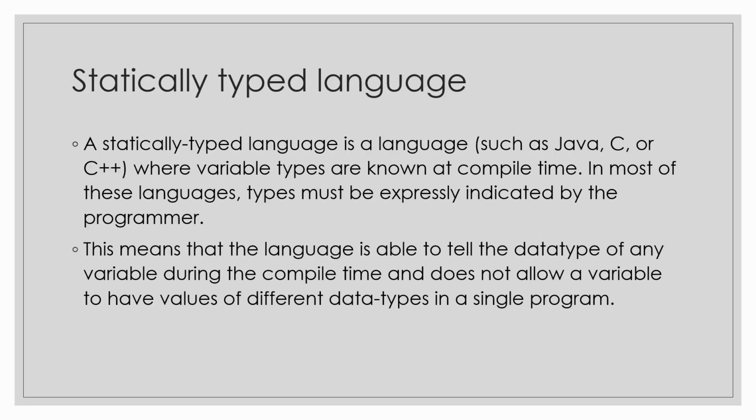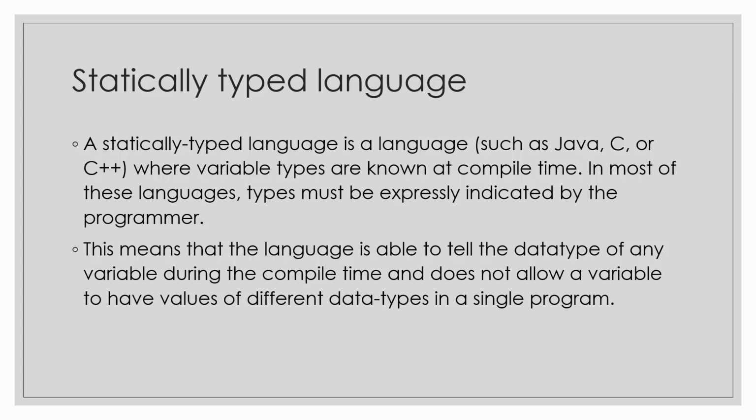So what is a statically typed language? A statically typed language is a language where variable types are known at compile time, such as Java, C, or C++. In most of these languages, the type must be expressly indicated by the programmer. So before compiling the code, we know the variable type.